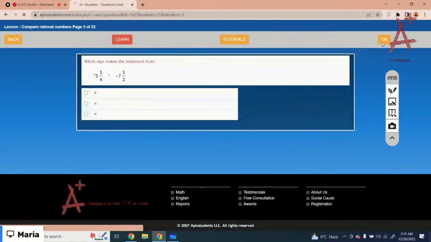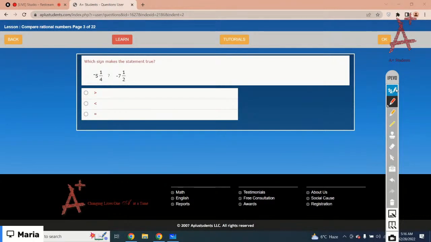Okay, the next one is negative 5 whole 1 by 4 and negative 7 whole 1 over 2. So which of the options is the correct one? Just look at their whole parts, 5 and 7. For example, you are on the number line. Here you have 0.